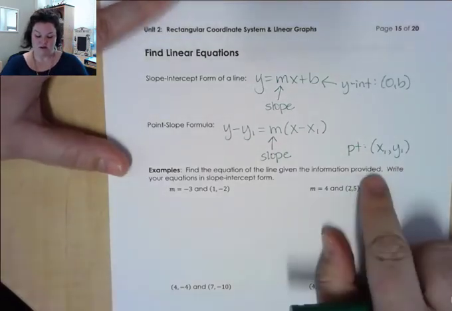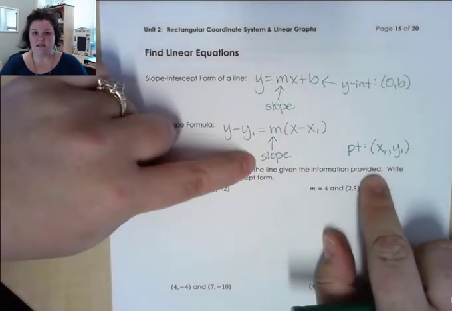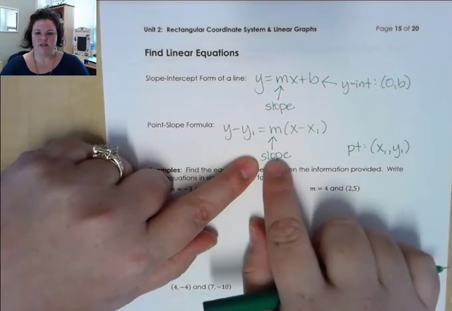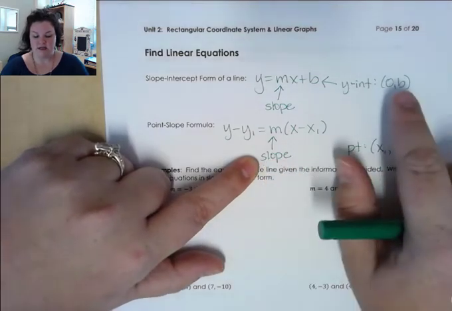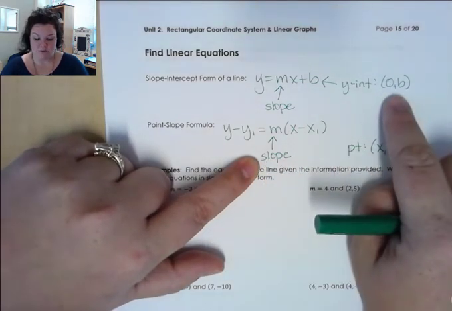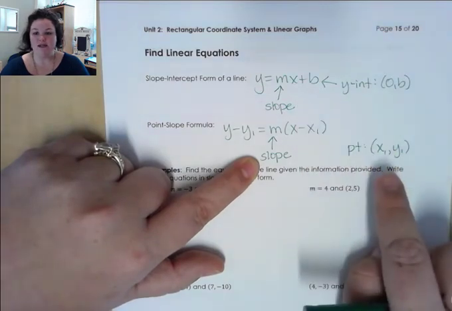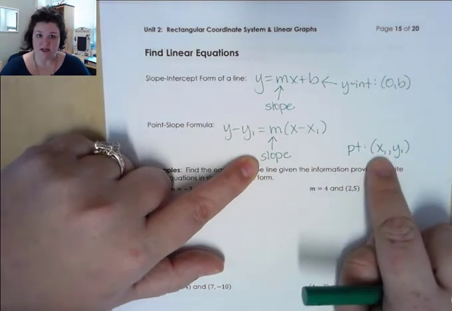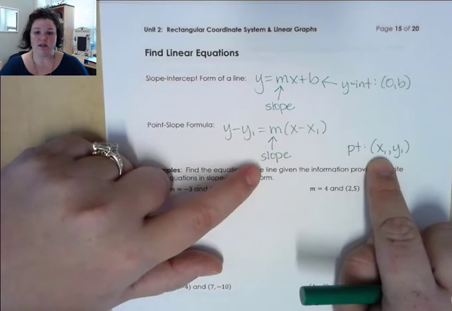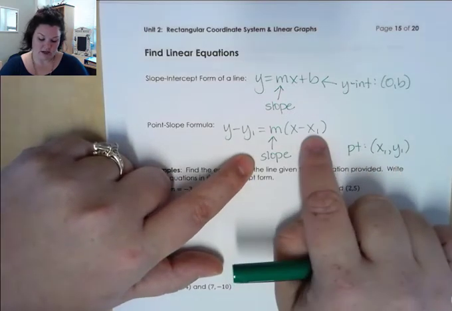We're still given the slope, or we find the slope somehow, so that doesn't change. But if you're specifically given the y-intercept, you can just plug it in for b. If the point is anything other than the y-intercept, then we use this formula and plug that point in for x1, y1.